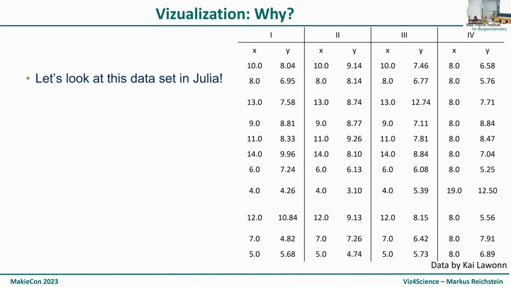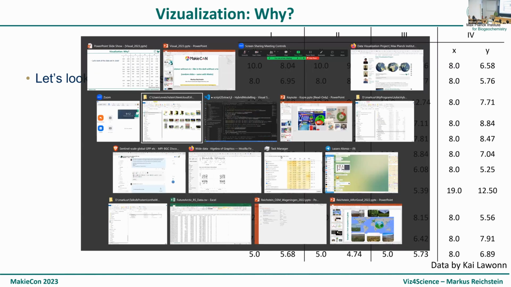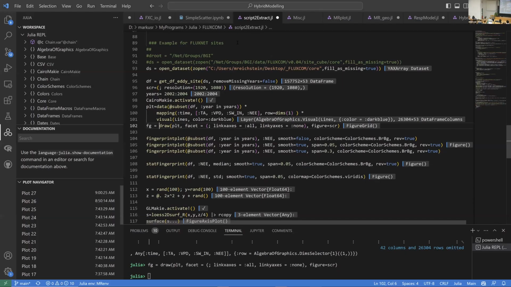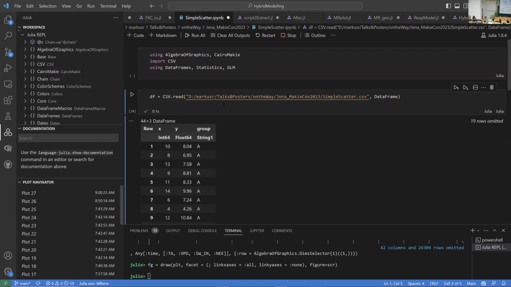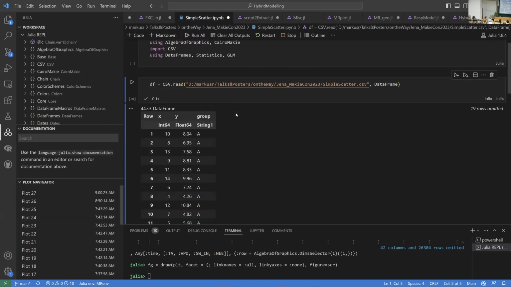It's basically a data set of X and Y in 4 different groups. And for the first time I did a notebook in Julia. So I have just put this table in a CSV file.